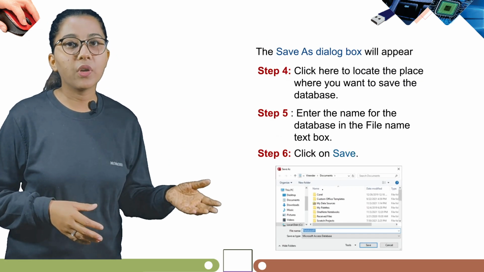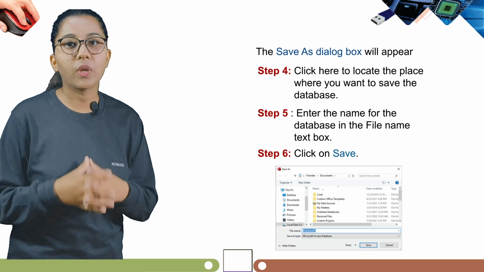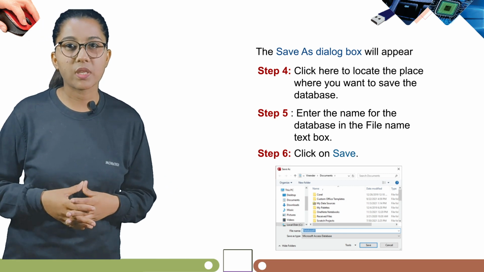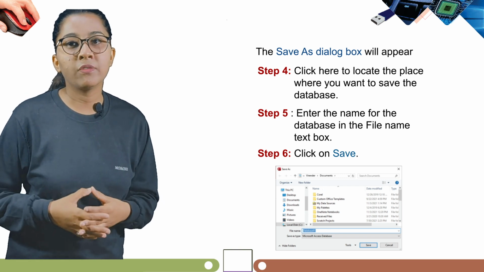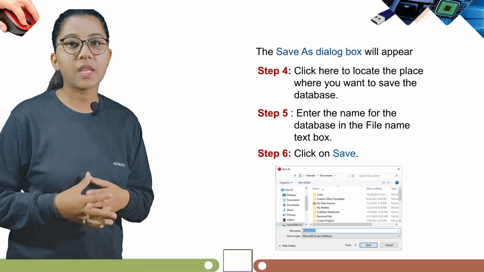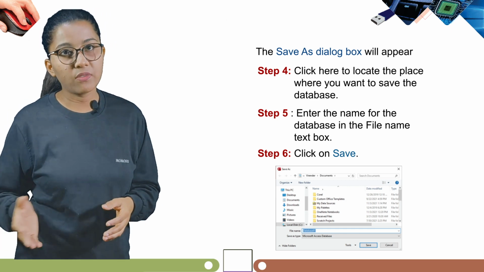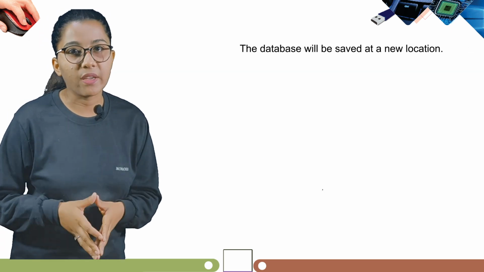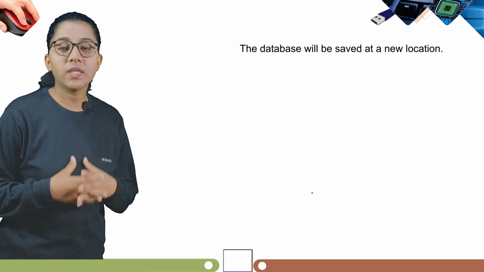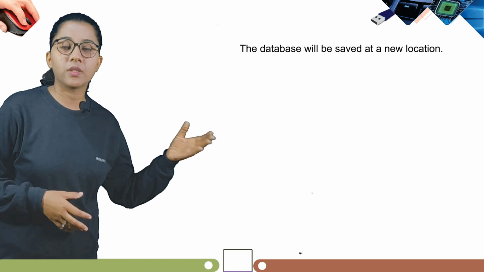Step 4 is click here to locate the place where you want to save the database. Now step 5, enter the name for the database in the file name text box. Now step 6 is click on save. The database will be saved at a new location. So students, this is how you can save your database to another folder.